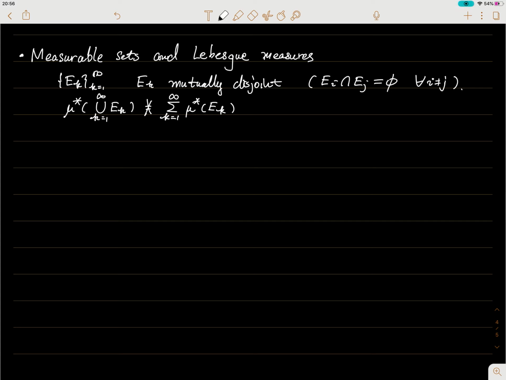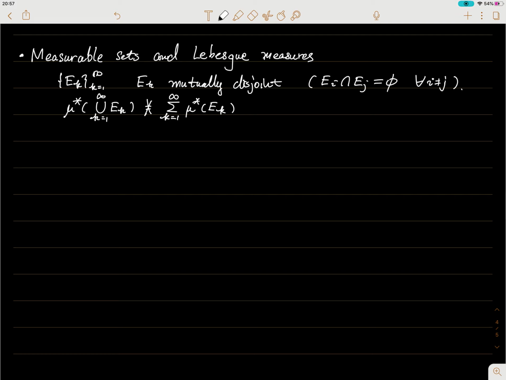Although it's defined very nicely, intuitively, there are cases where you have mutually disjoint sets, but the union doesn't have the same measure as the sum of the individual measures. So this is the problem we're going to overcome, and in this sense, we are going to restrict ourselves to the nicer sets, which are called measurable.